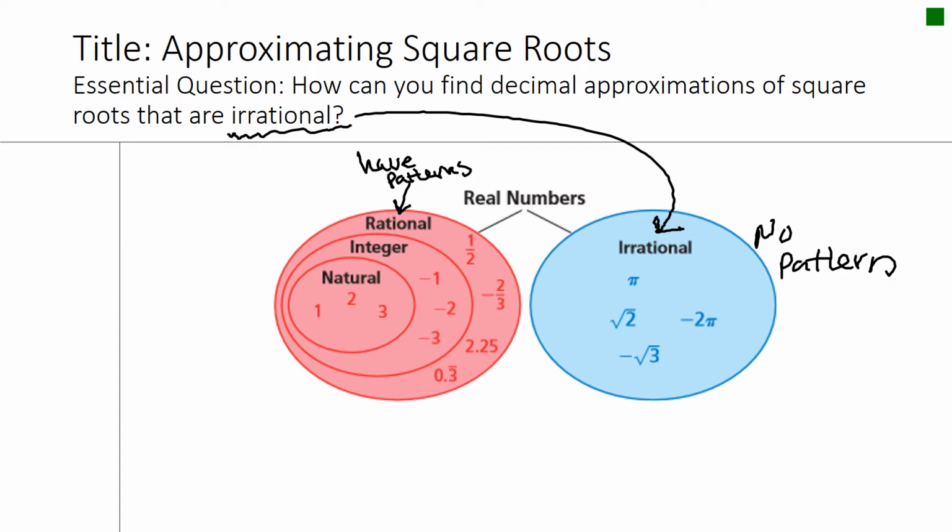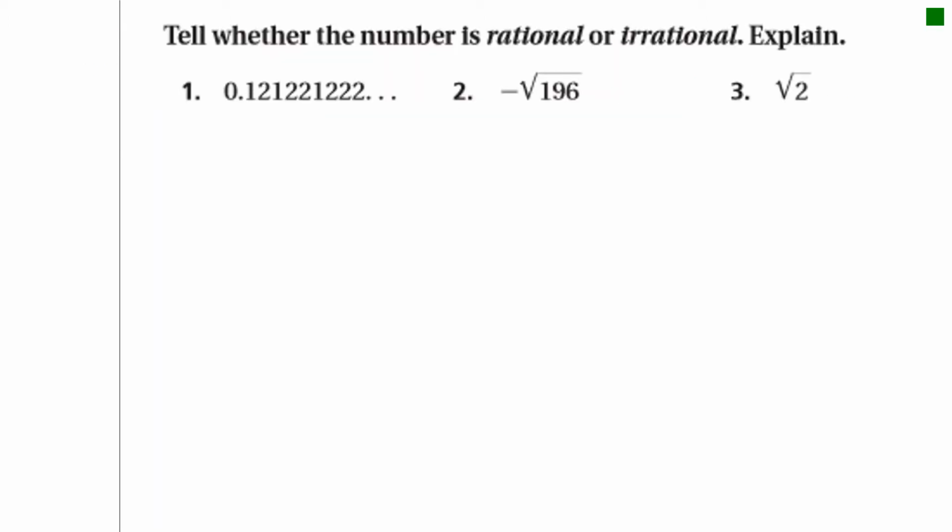So let's look at example 1. Tell whether the number is rational or irrational and explain. You've got to be able to explain these. So looking at this one, is there a pattern? 1, 2, 1, 2, 2, 1, 2, 2, 2. It doesn't look like there's too much of a pattern going on there, a pattern that we can use a repeating sign with.